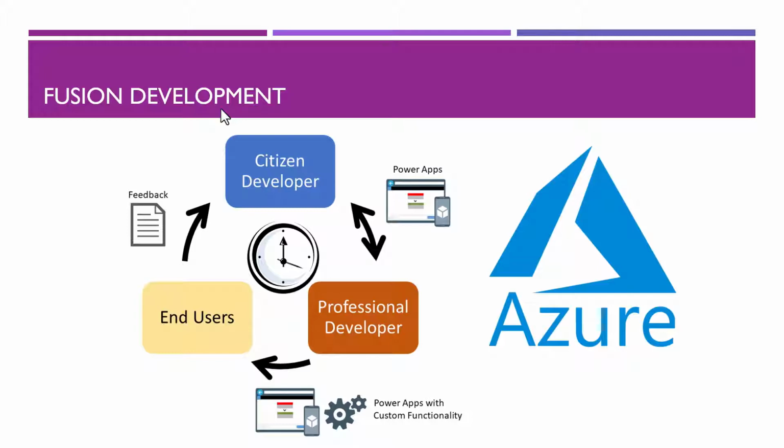And then, if there's anything additional that needs to be done, and this is always an optional step, typically there's a professional developer that may help out with something like creating an API to integrate system A to system B and things of that nature.